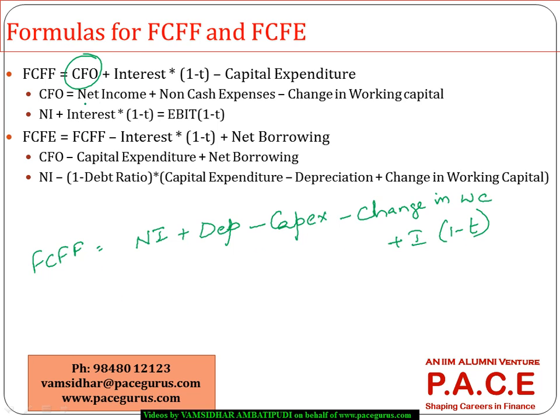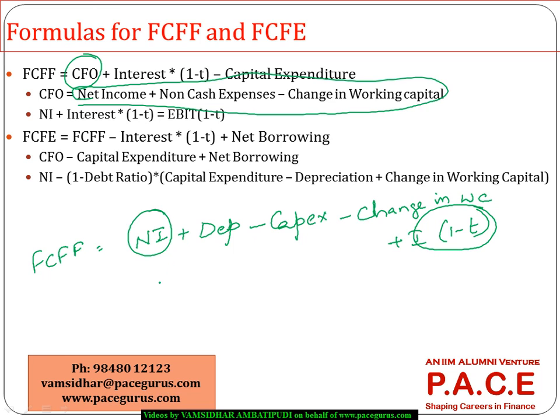Just substituting this entire thing instead of CFO, this is the value of FCFF that is coming. Now you can play around. If I include these two things together, this is nothing but EBIT into 1 minus T.